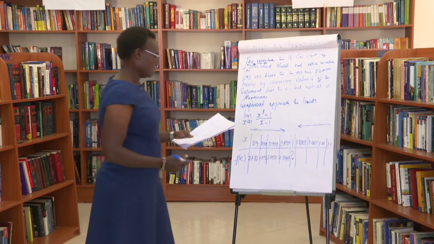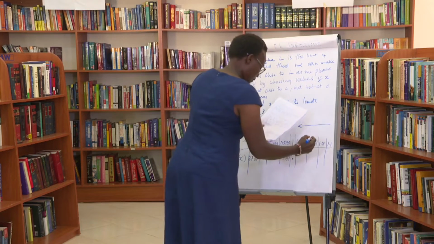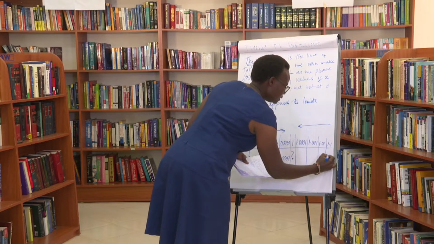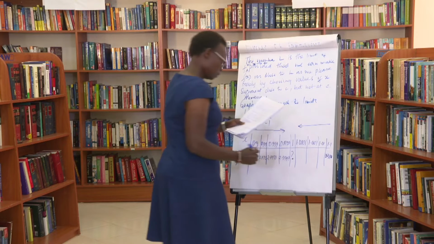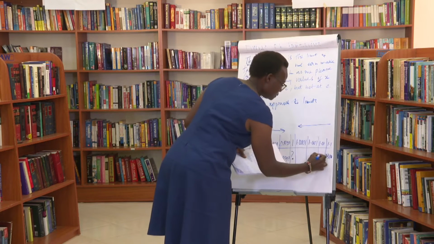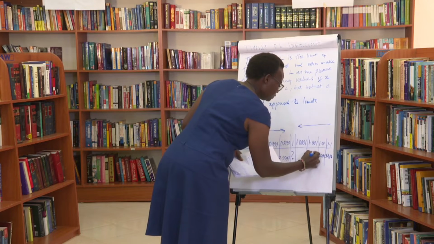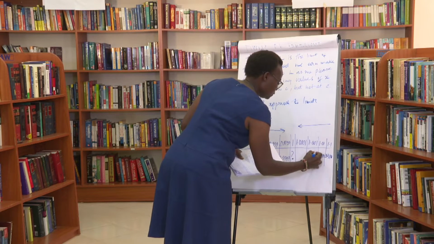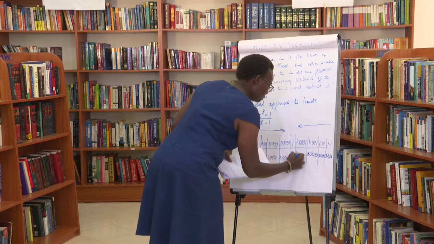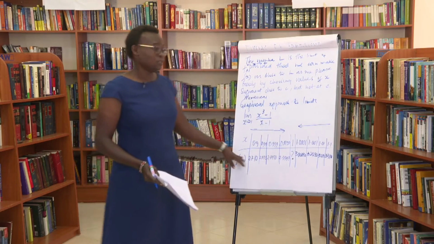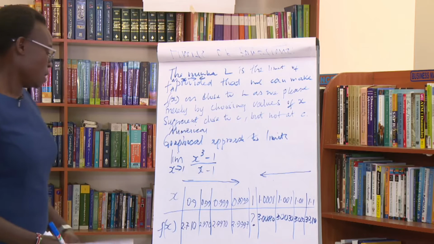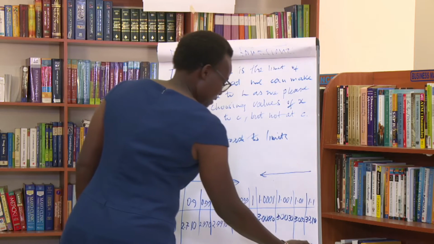Then on the other side, when x is 1.1, this is 3.310. Then 1.01, it is 3.030. Then 3.0030. Then 3.00030.